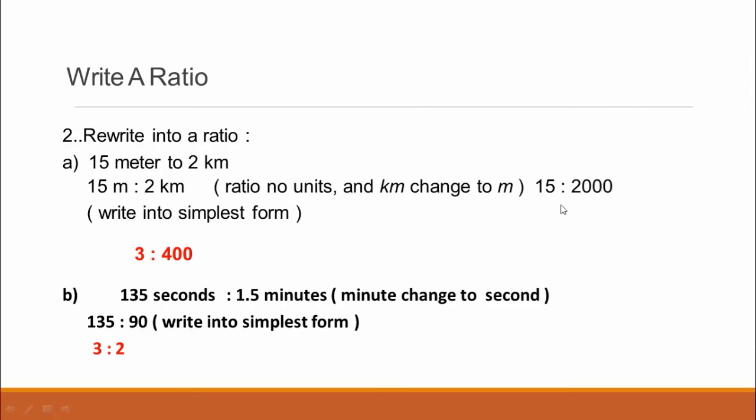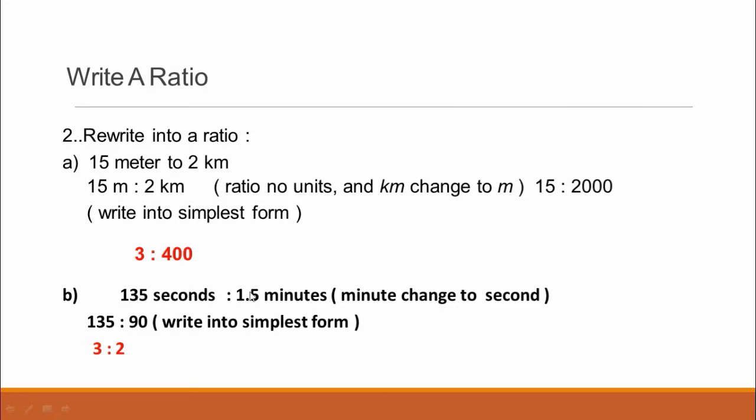So 15 meter ratio 2000 meter, and now we can write 15 ratio 2000. The simplest form of this ratio is 3 ratio 400, dividing both sides by 5.